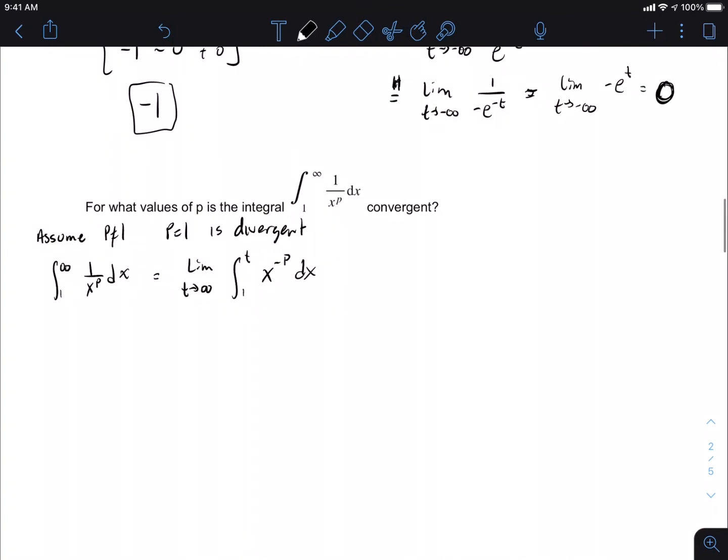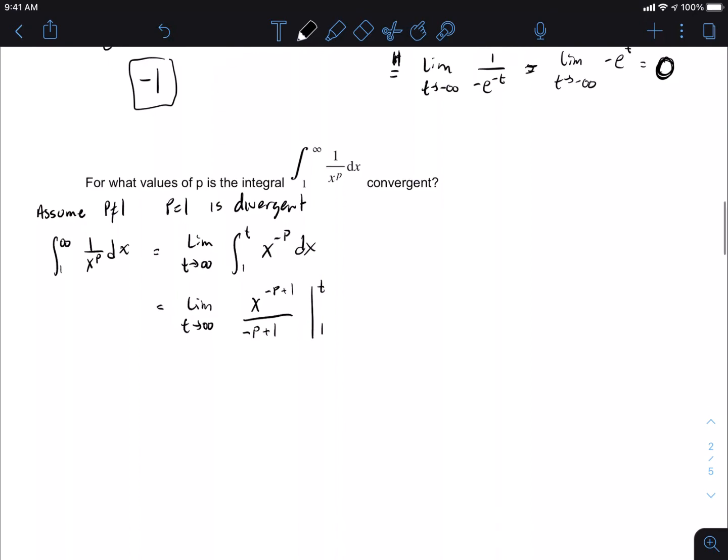So what's going to end up happening is I'm going to get the limit as t takes off to infinity of x to the negative p plus 1 over negative p plus 1. And then I need to evaluate that from 1 to t. Agreed?